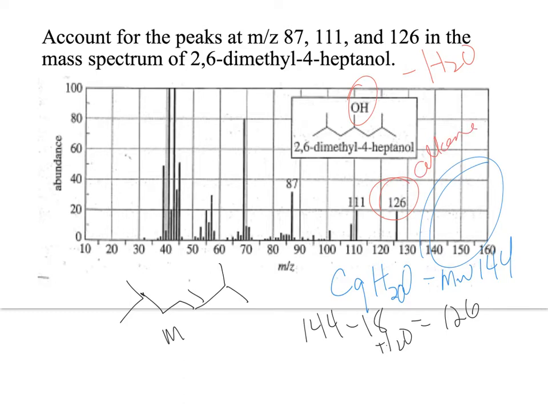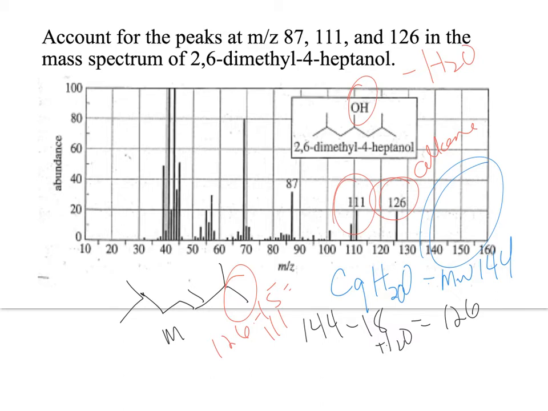Now, if you lose a 15, if you lose this methyl here, and you generate the carbocation, then you have what's 126 minus 15? You have 111. So there's your 111.